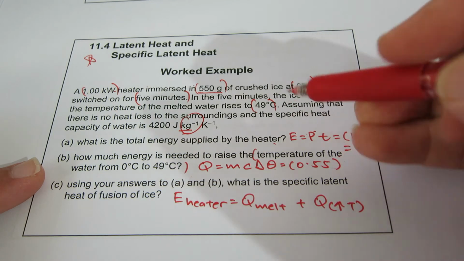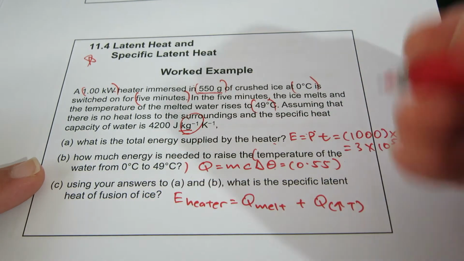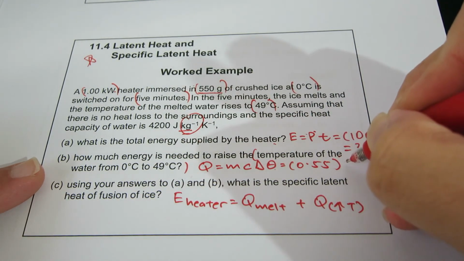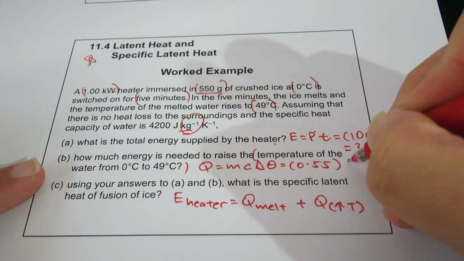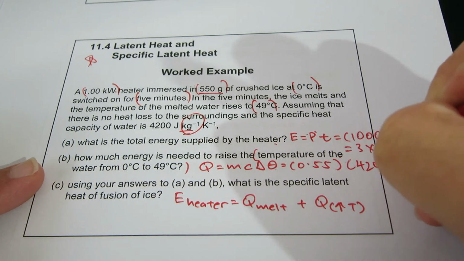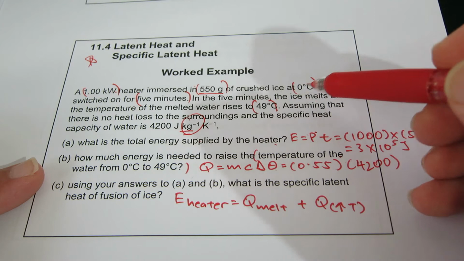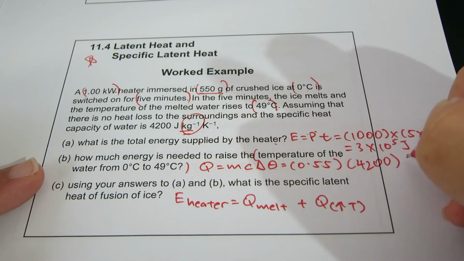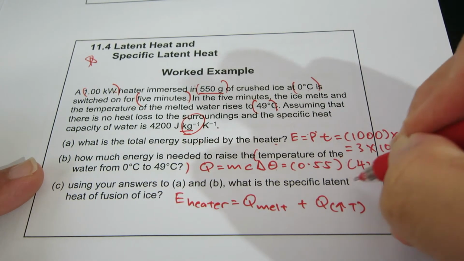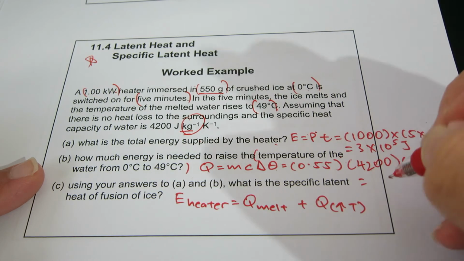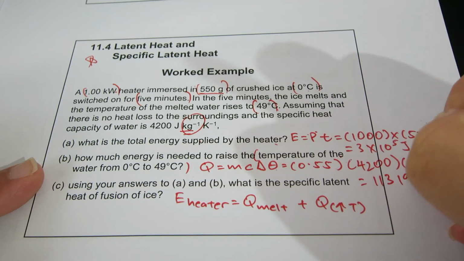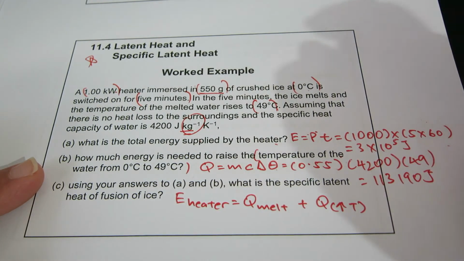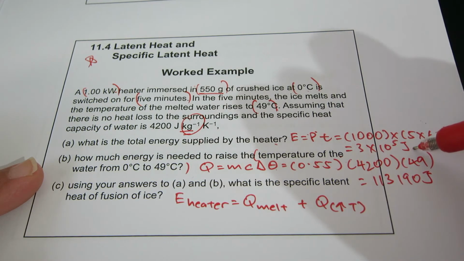Because this is given in kilogram, I change this to kilogram. So it's 0.55 kg times 4200 times the change in temperature, 0 to 49 degrees Celsius, and you get the answer as 113190 joules.